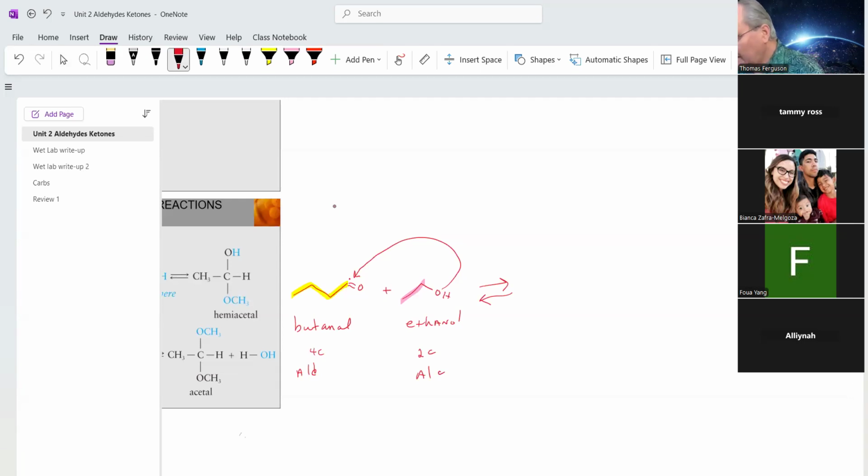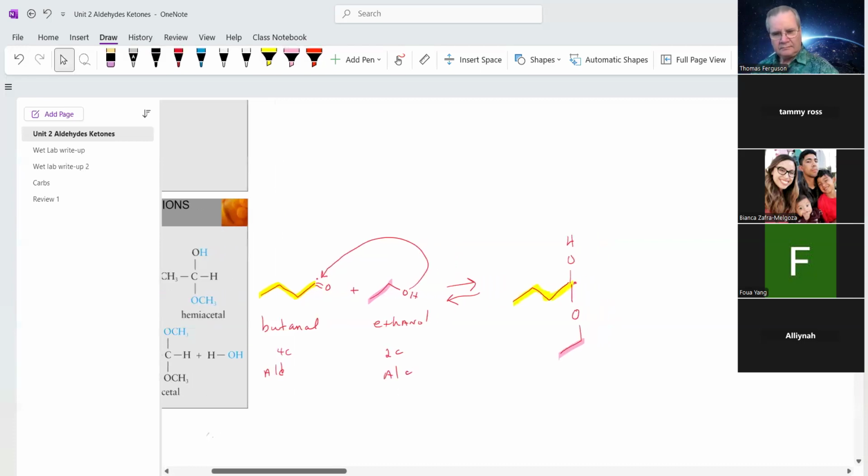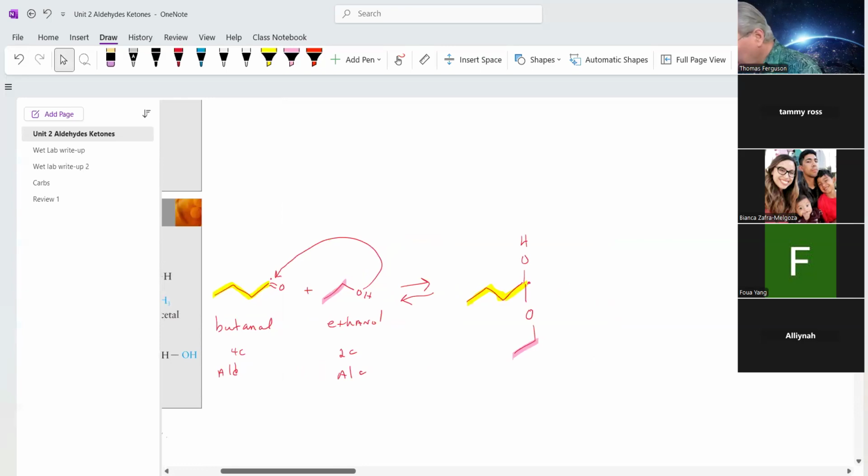Okay, so what we end up with is, here's the anomeric carbon, and then we have the alcohol. So here we have OCO.